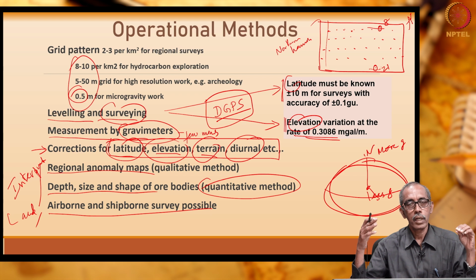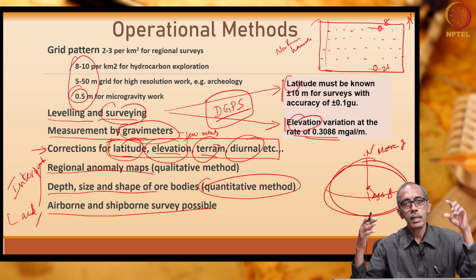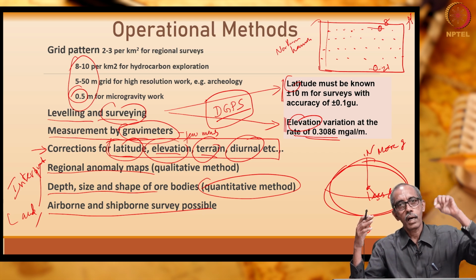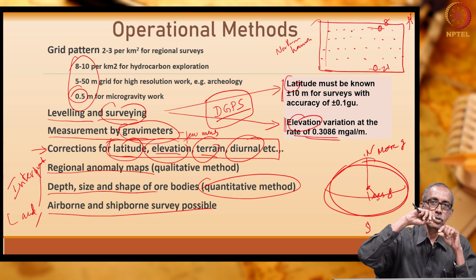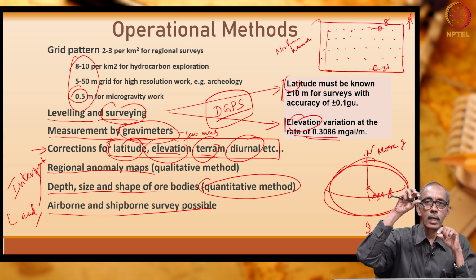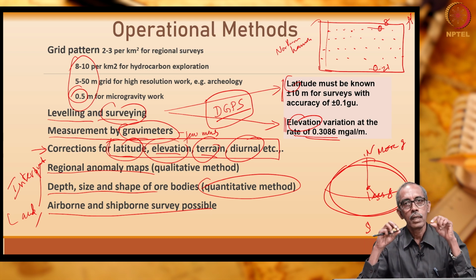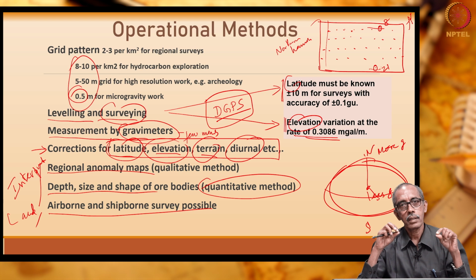Then we had a look into relative gravimeters, which are classified as stable and unstable. In stable, extension of the length of the spring is measured. In unstable, the mass is restored to the original position by adjusting the micrometer screw. So, the micrometer screw helps us to know the difference in gravity between the two stations.